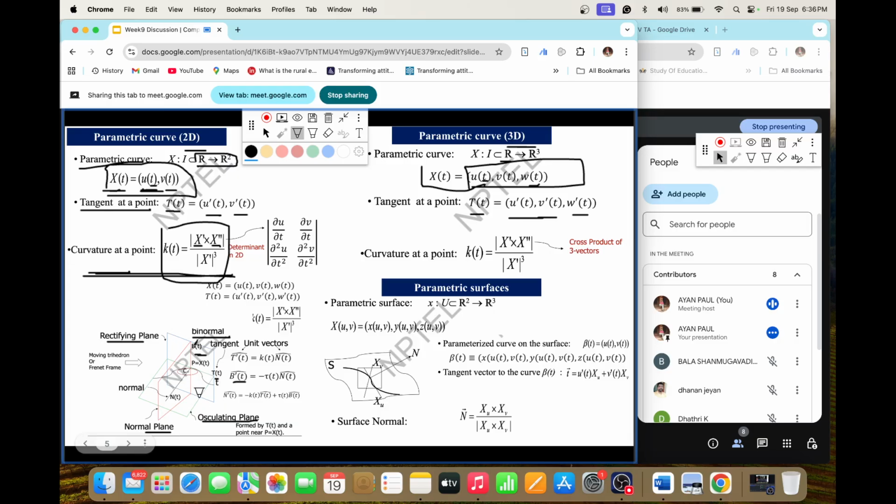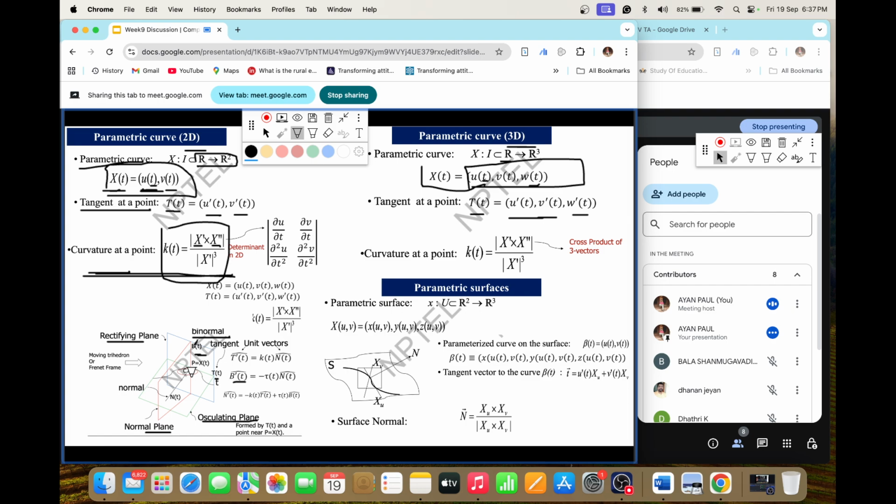The rectifying plane is the plane that is made by B(t) and T(t). The osculating plane is the plane that is made by T(t) and N(t), and the normal plane is made by N(t) and B(t). So these are the three planes from this terminology.